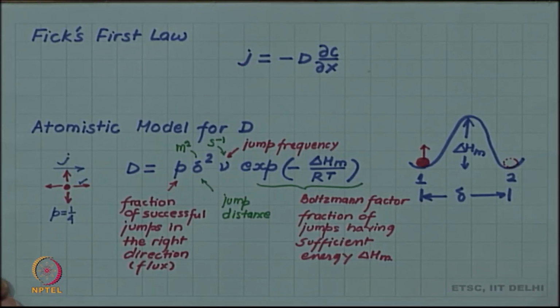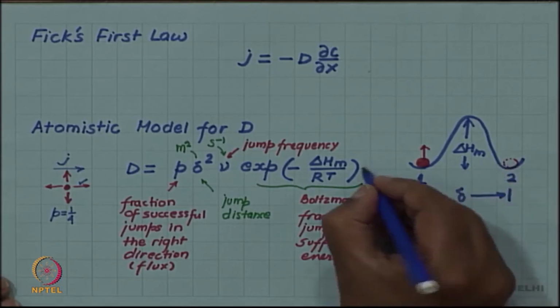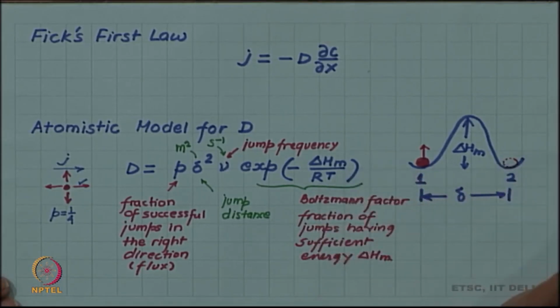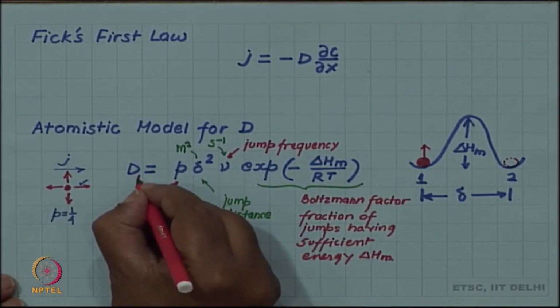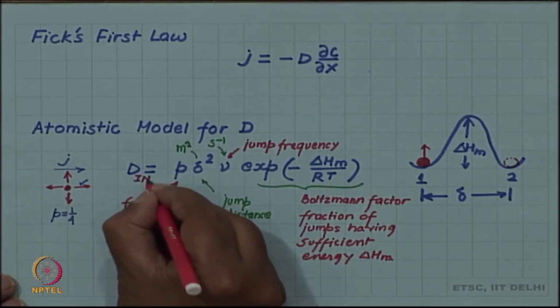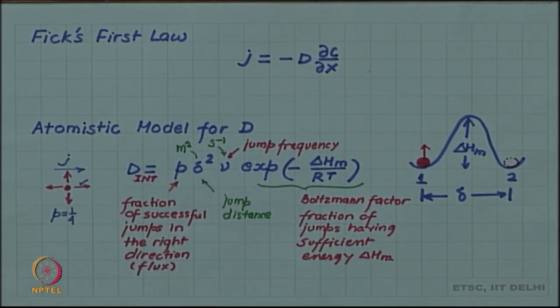So, there is a 90% probability of finding a vacant site. So, the assumption that the next site is vacant is more or less true if the diffusion is interstitial. So, this model is true for interstitial diffusion.